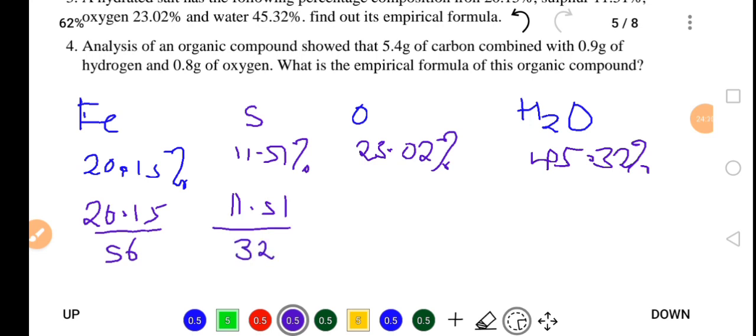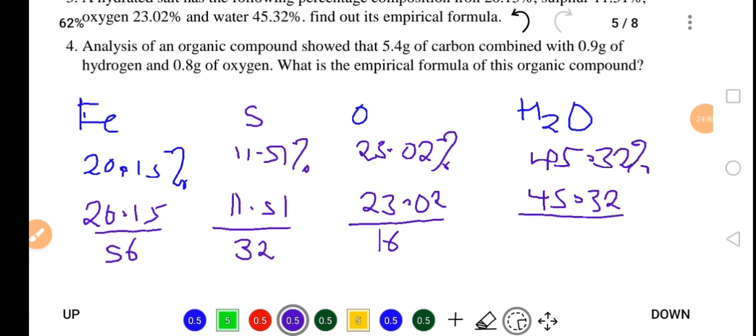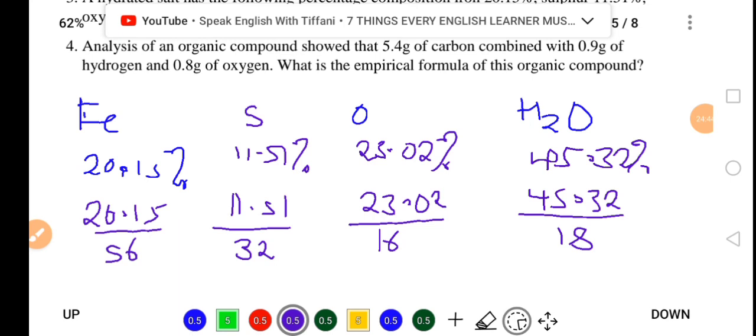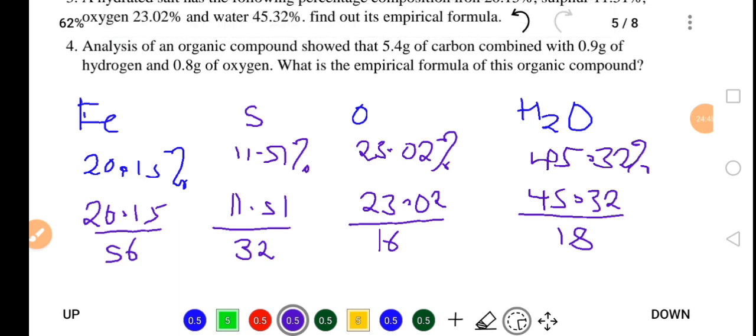And that of oxygen will be 23.02 over 16. And that of water will be 45.32 over 18. When you find the relative molecular mass of water, it will be 18.